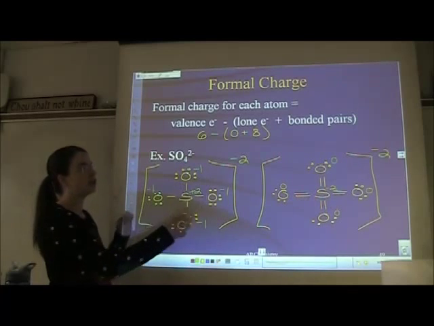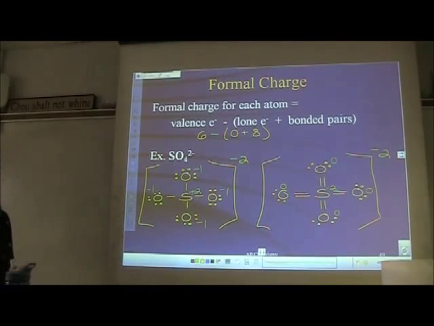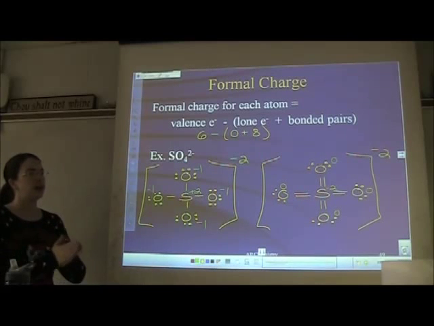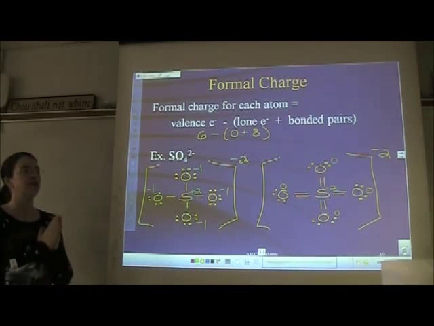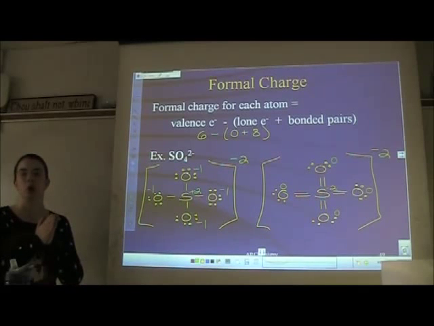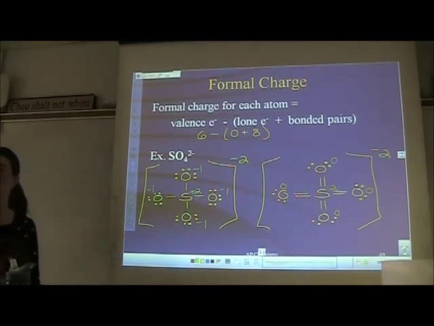So adding them all together is not how we're going to make this decision. Here's how we're going to make it. The more appropriate structure is the one that has more formal charges equal to 0. So the second one.